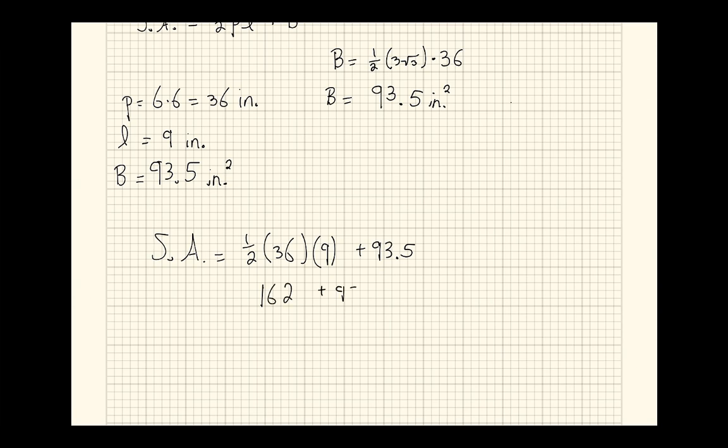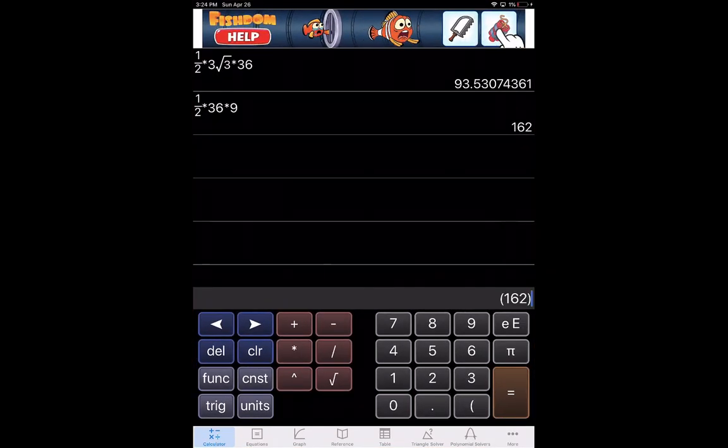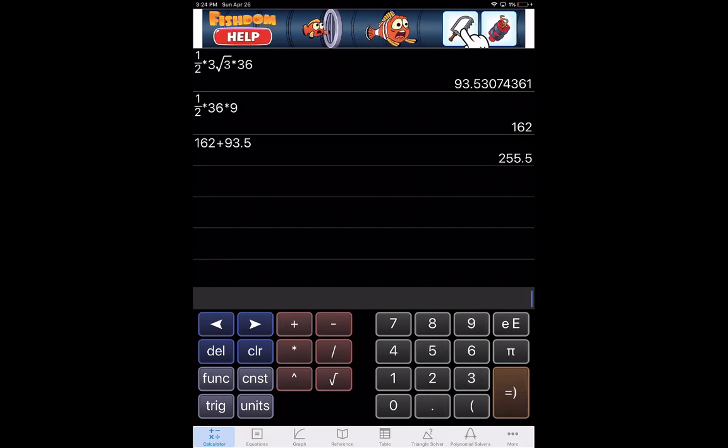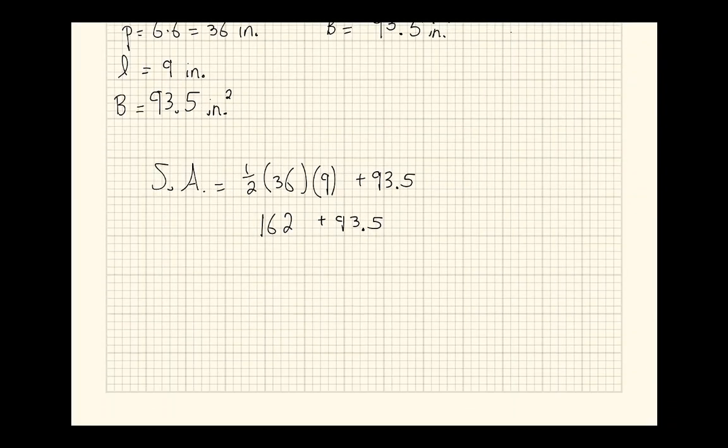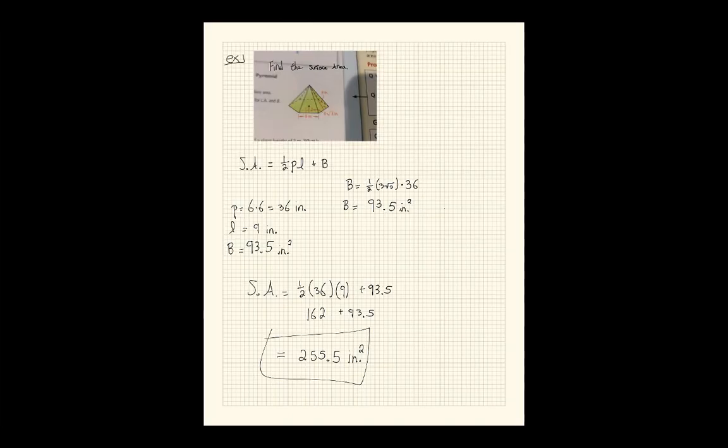Add 93.5 to that. So 162 plus 93.5 gives us 255.5. Surface area is equal to 255.5 inches squared. Okay, so that was my surface area for this guy.